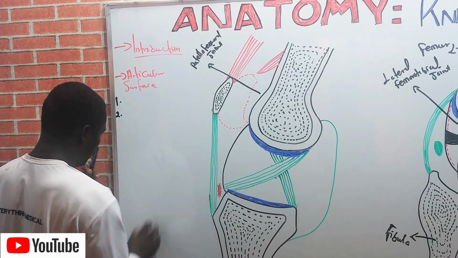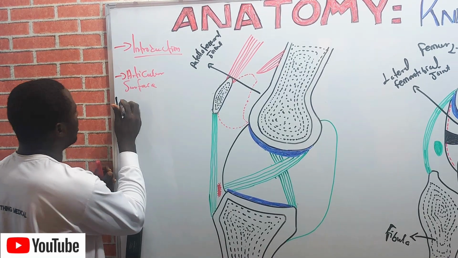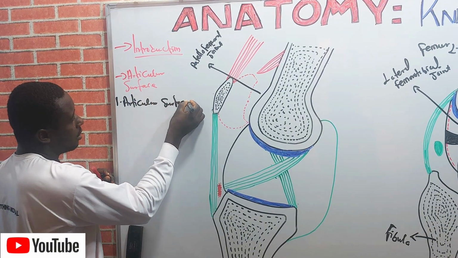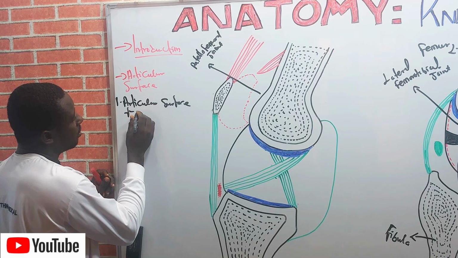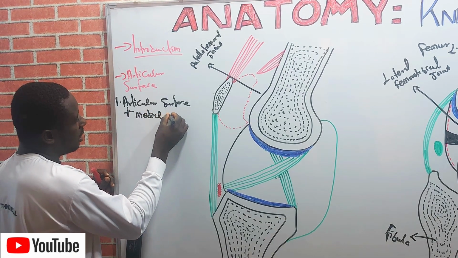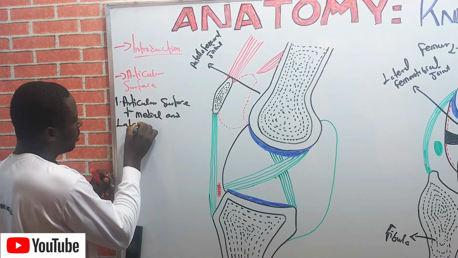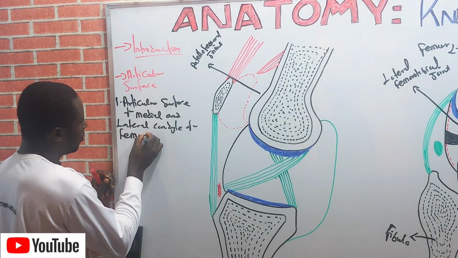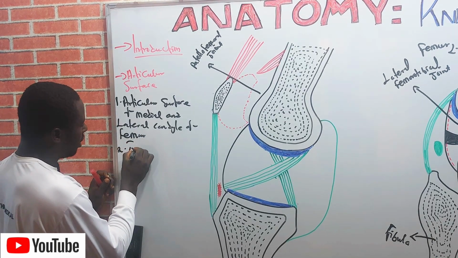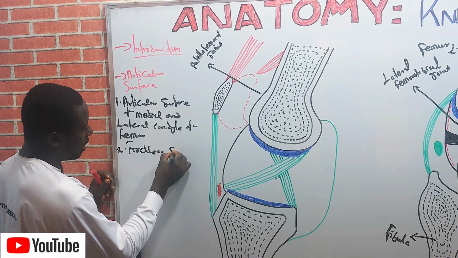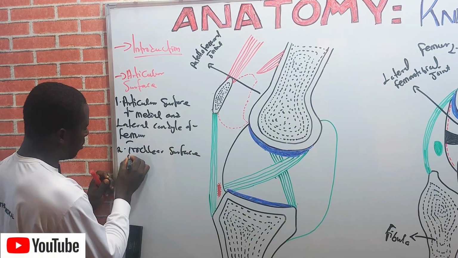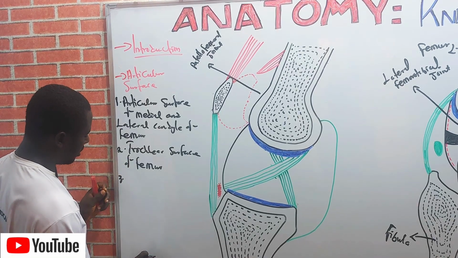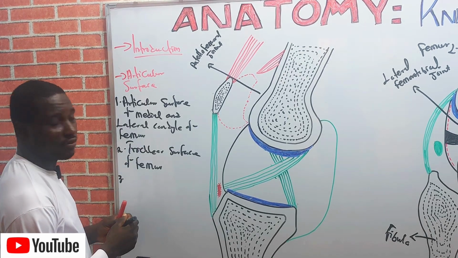So let's pen it down. Number one is the articular surface of medial and lateral condyle of femur. The number two is trochlear surface of femur. The number three is the articular surface of the patella.